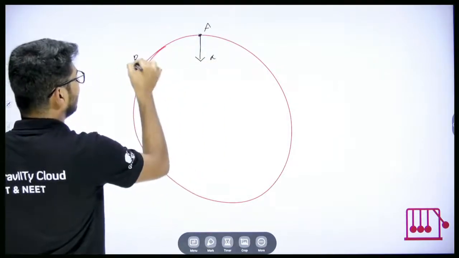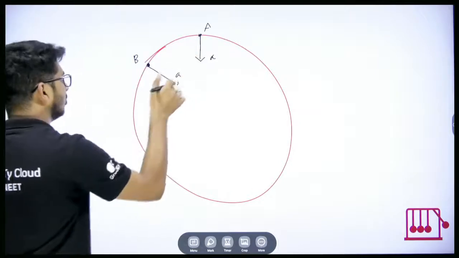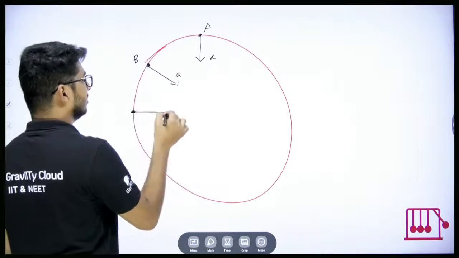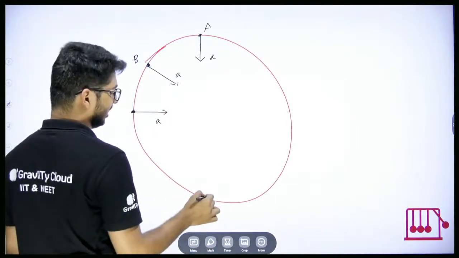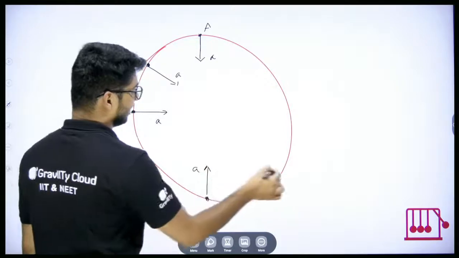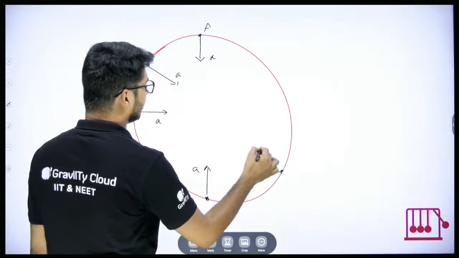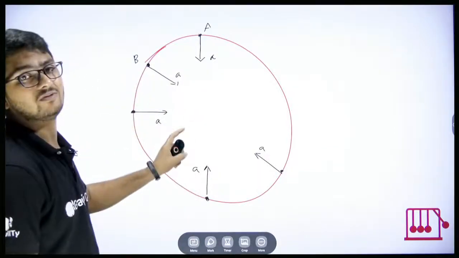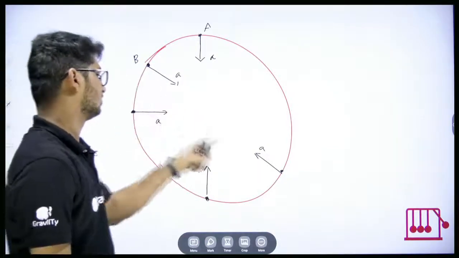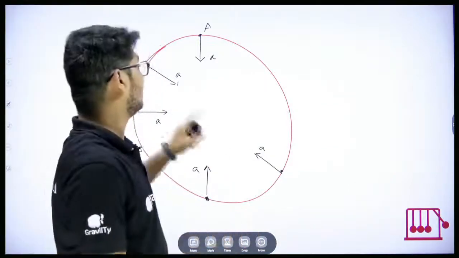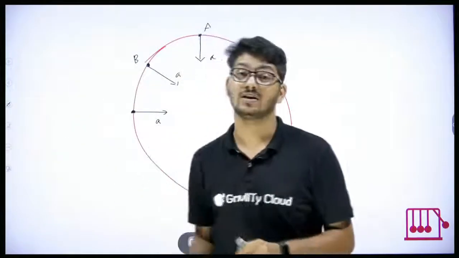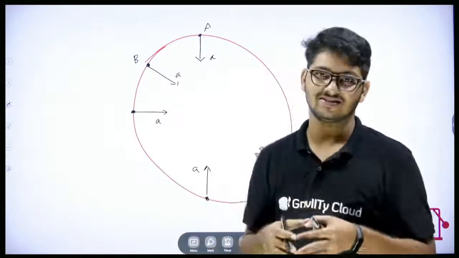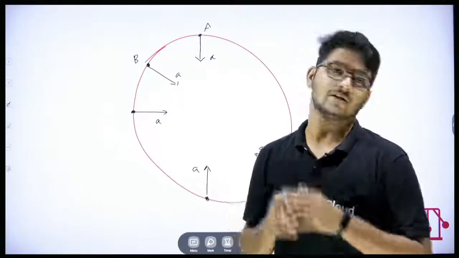But if I take point B, it will be like this. Are the two directions the same? No, they are not. If I take a point here, it is along the radius towards the center, right? See, I'm taking different points, and you can clearly see at every point the direction of acceleration is different. Here it is downwards, here it is upwards. Here it is slant, here it is towards right, here also slant. So it depends on the point. So direction of acceleration also keeps changing, which means acceleration is not constant, because acceleration is a vector.